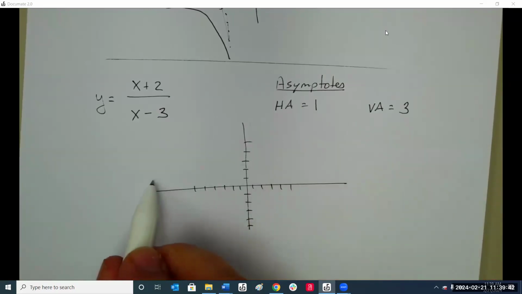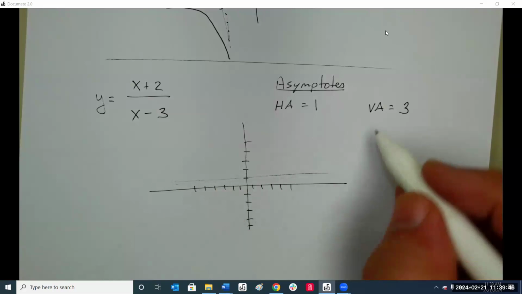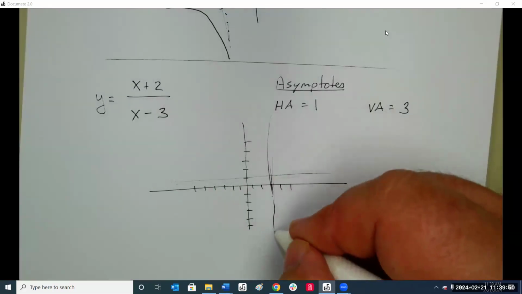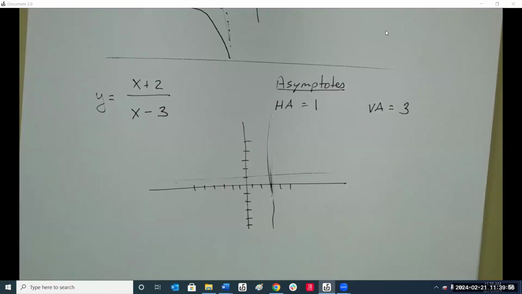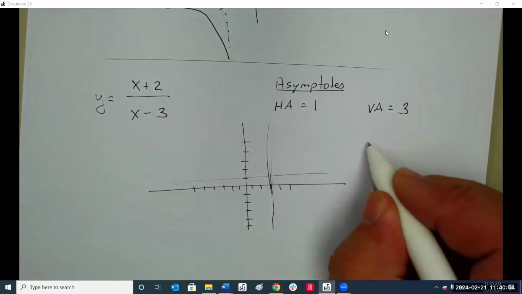So our horizontal asymptote's at 1. Vertical asymptote is at 3. We have to figure out now what the graph looks like. How do we do that? Yeah, plot some points.